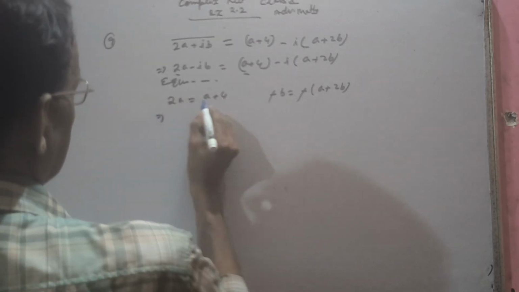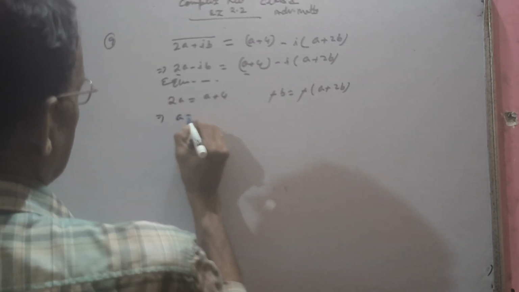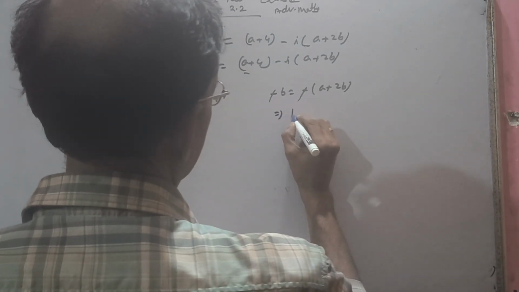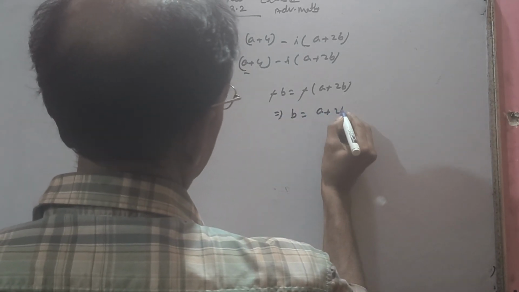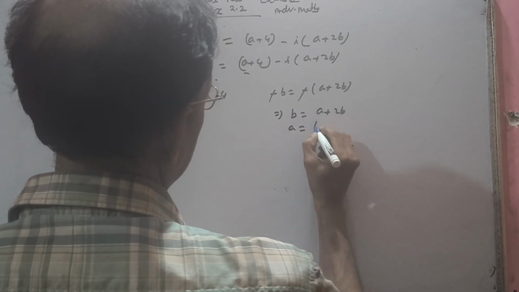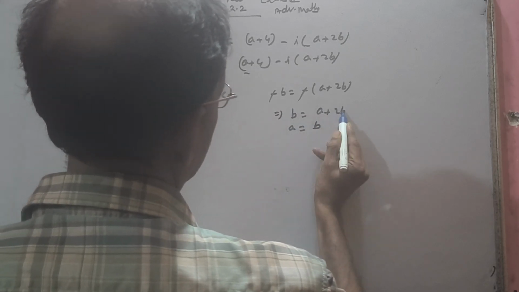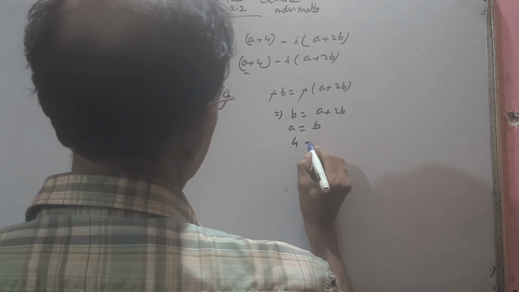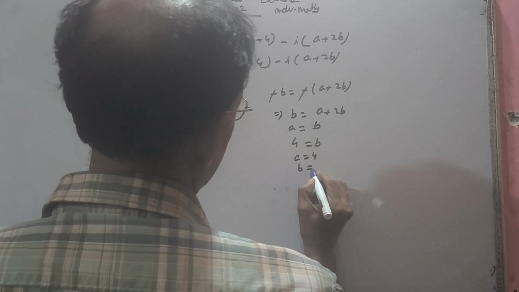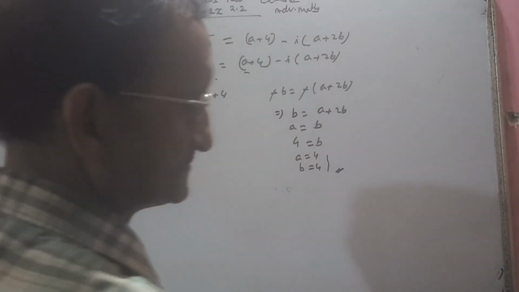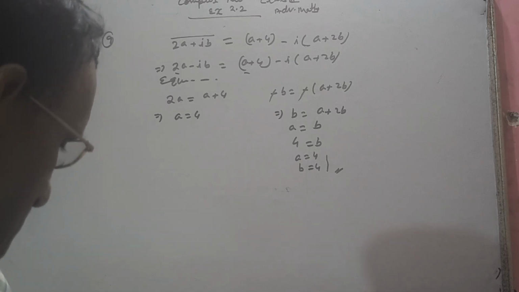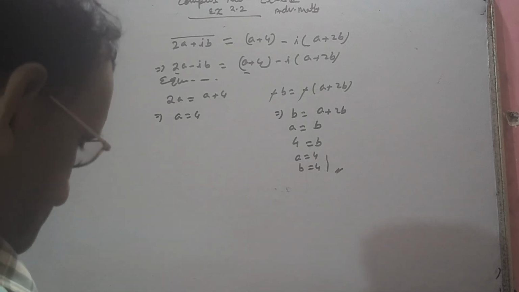So from here, what will you get? a = 4. From here, what will you get? b = a + 2b. So a = b. Arre, b minus b. So a is 4, equal to b. So a = 4, b = 4, answer. Understood? And this is number 9 we have done.